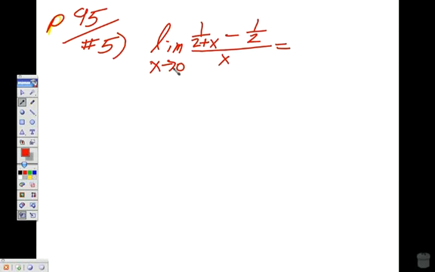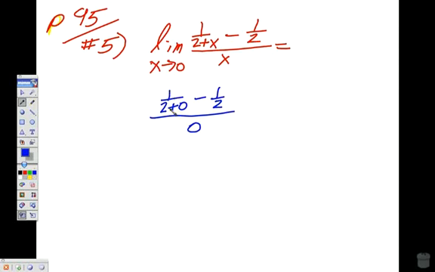Okay, well, first off, let's just try plugging in x equals 0. If we put in x equals 0, we get 1 over 2 plus 0 minus 1/2, all over 0. And so that's 2 plus 0, that's 2.